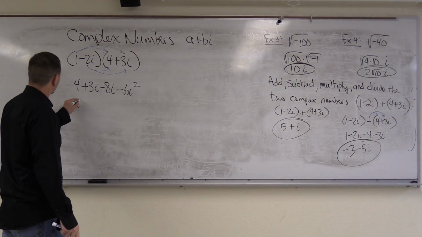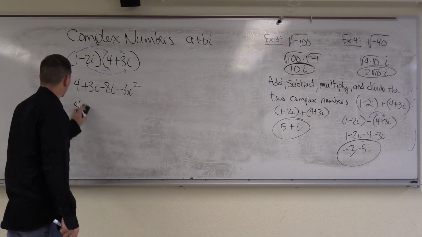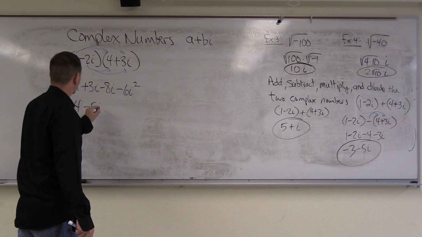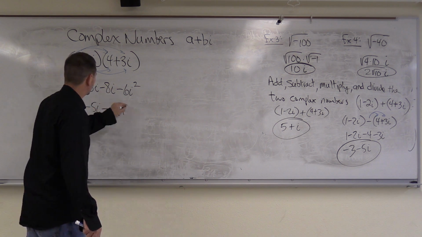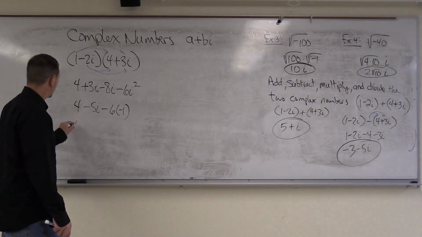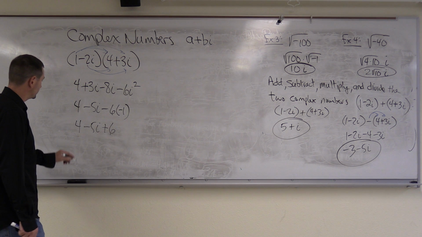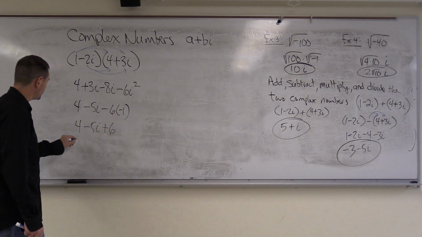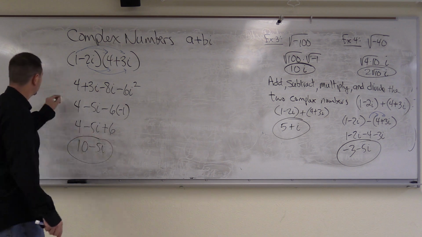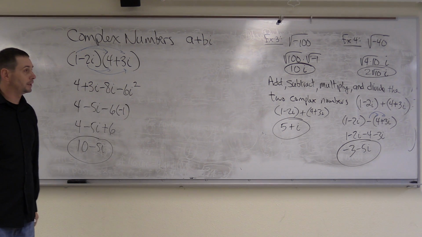When I combine my like terms, I have 4 minus 5i. And then this is going to be minus 6 times a -1. So whenever you see the i squared, just replace it with -1. You'll end up with 4 minus 5i plus 6. Combine your like terms, because negative times negative. I have 10 minus 5i. And so that's how you'll work through those, and I'm writing it in standard a plus bi form.